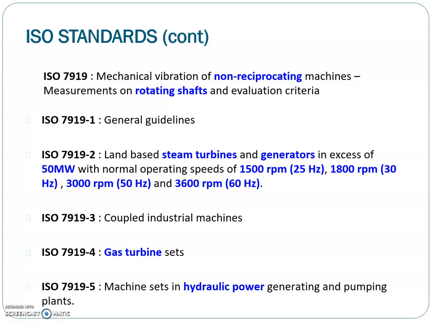Part 4 and 5 focus on rotating shaft vibration of gas turbine sets and machine sets in hydraulic power generation and pumping plants. Both of these parts have been revised and incorporated into ISO 20816, Part 4 and 5 respectively, in 2018.